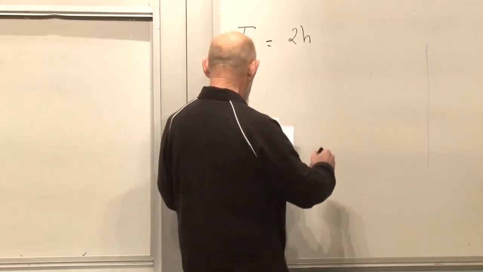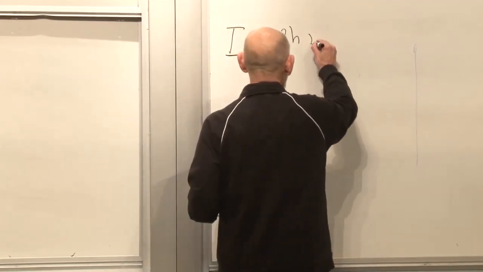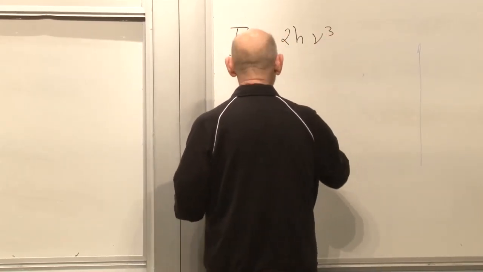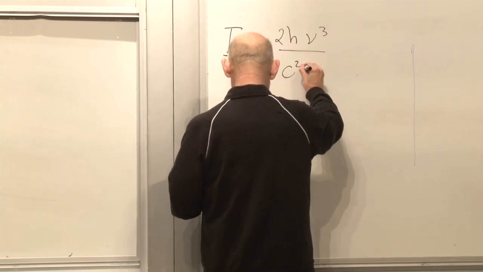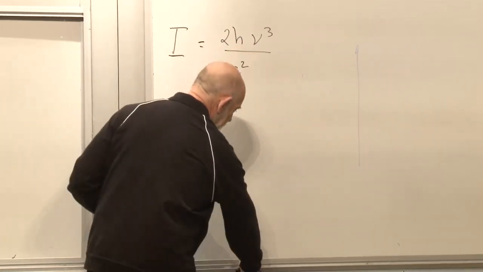So it's definite units times nu cubed divided by c squared, times a crazy function.